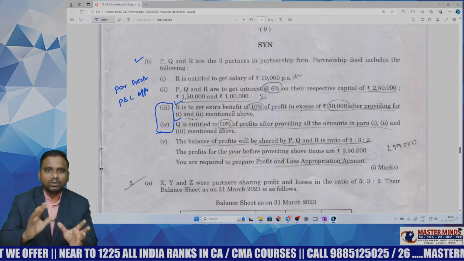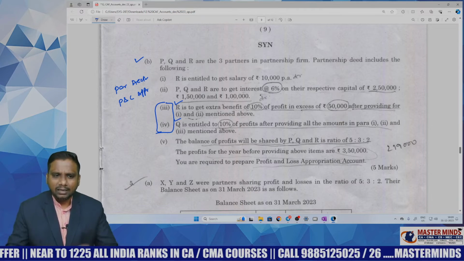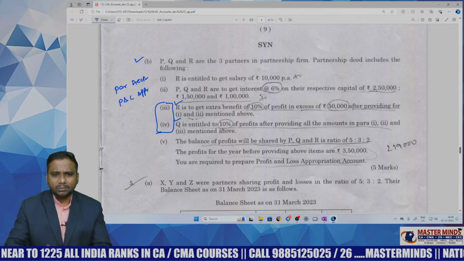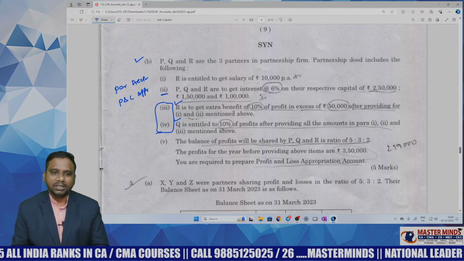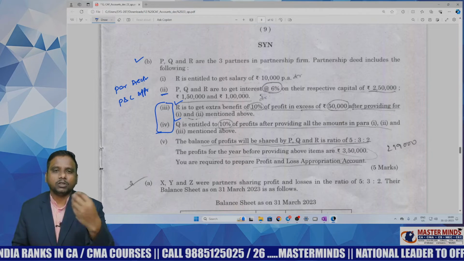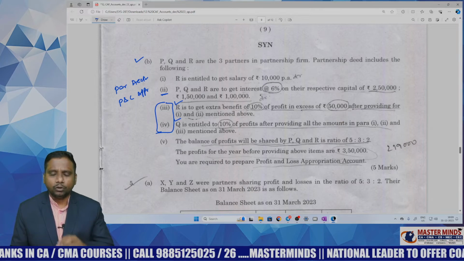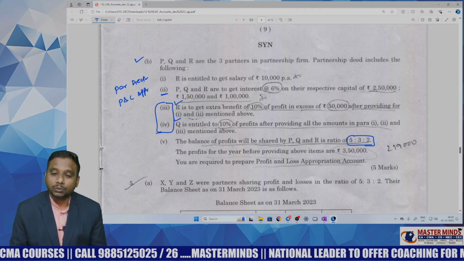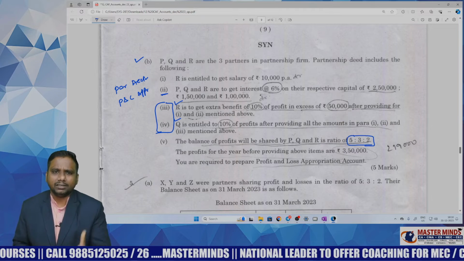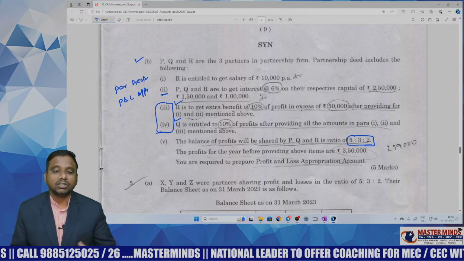But that calculation, some students may feel difficulty. Except these 2 points, the remaining points you can solve, at least till the second point, because after 3-4 points only is it possible to share the remaining profit to the partners in 5:3:2 ratio. Yes or no, students?